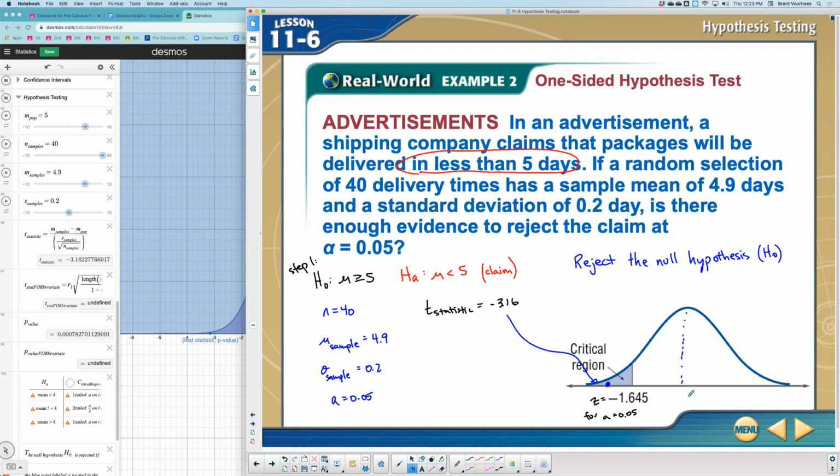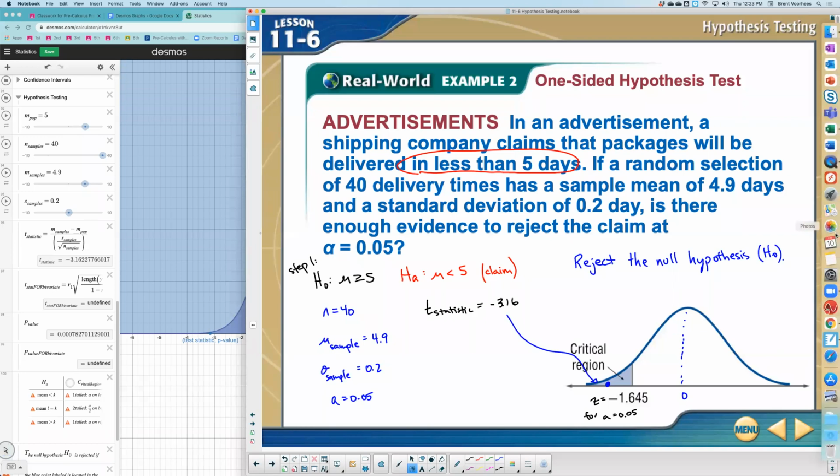If this is 0, this test statistic happens to be in the critical region. For that reason, I would reject the null hypothesis, and there's not enough evidence to reject this claim. So you would actually not reject the claim in this particular case. We reject the null hypothesis, and based off the evidence, we would not reject the claim.